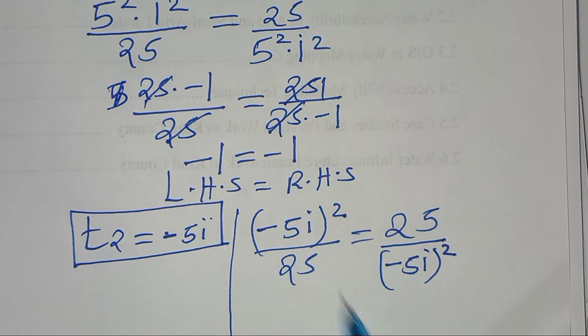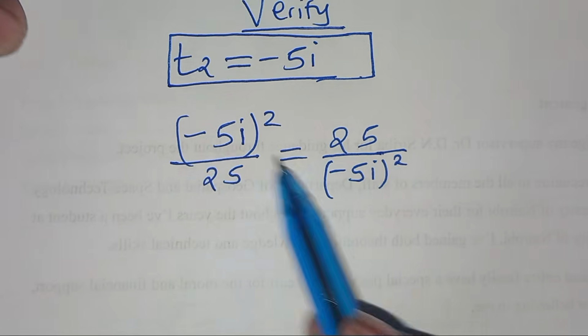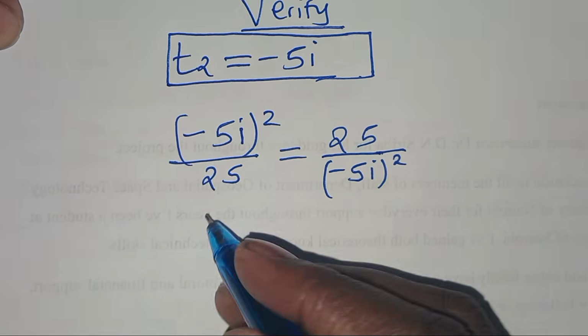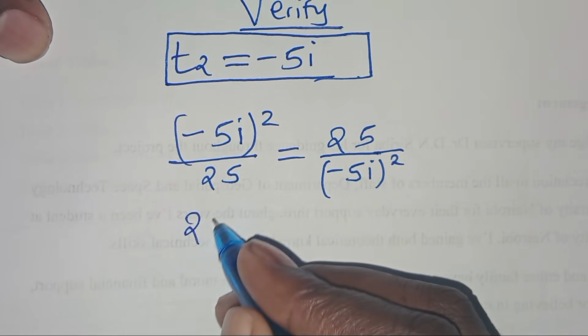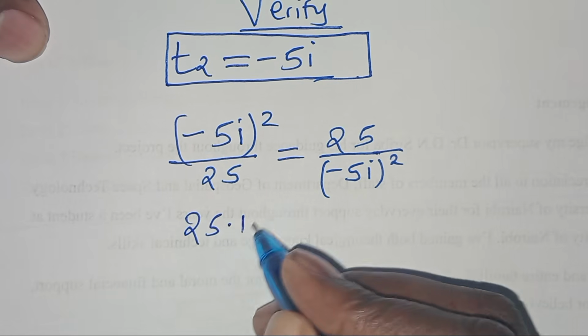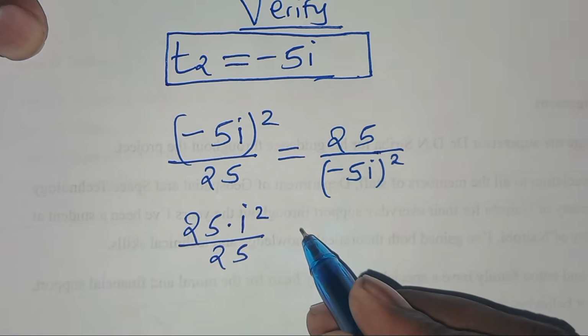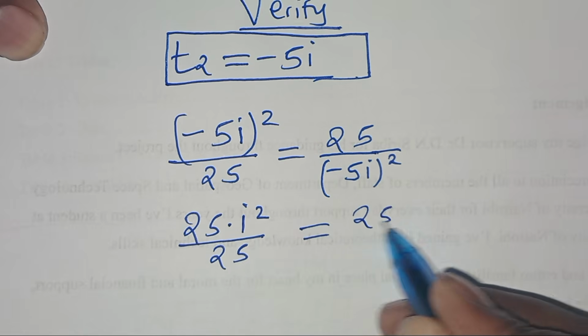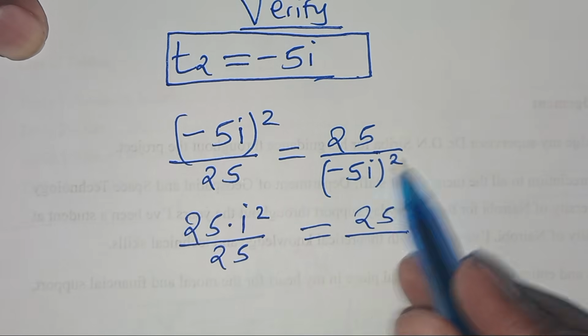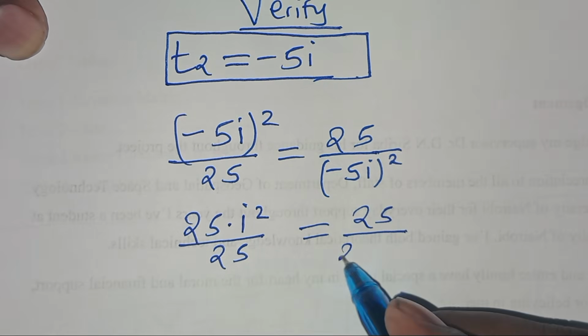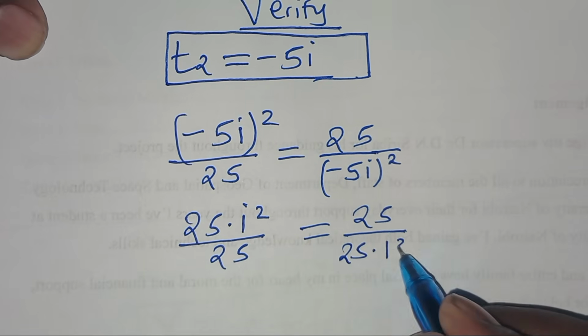So minus 5i squared is minus 5 squared, which is 25, times i squared divided by 25, equal to 25 divided by 25 times i squared.